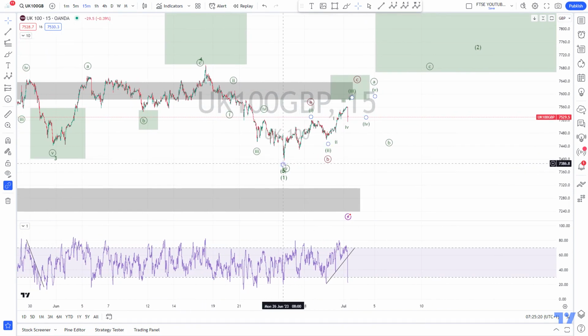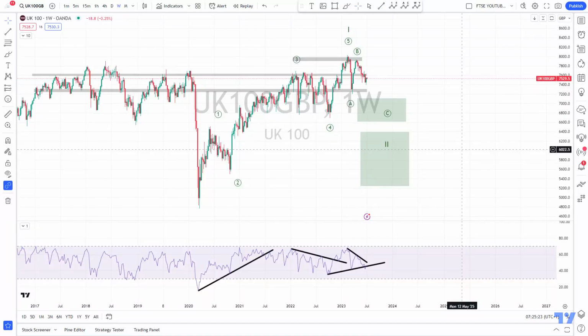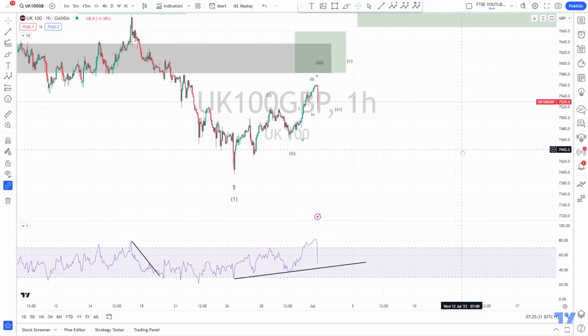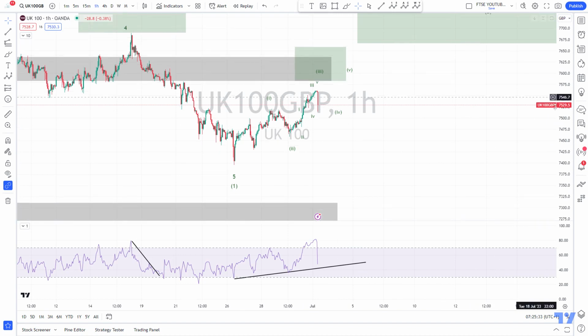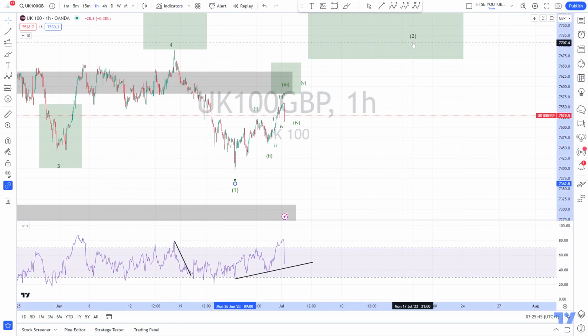And if it is completed here, we already had our wave 2, and then we should have an ABC that indeed ends in this area.